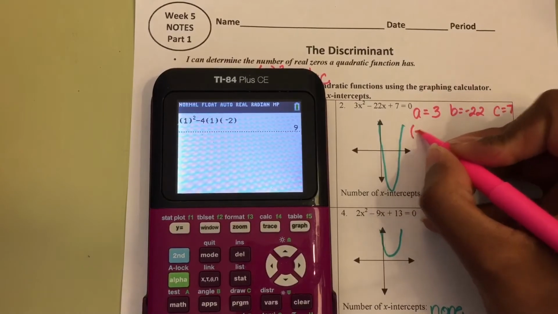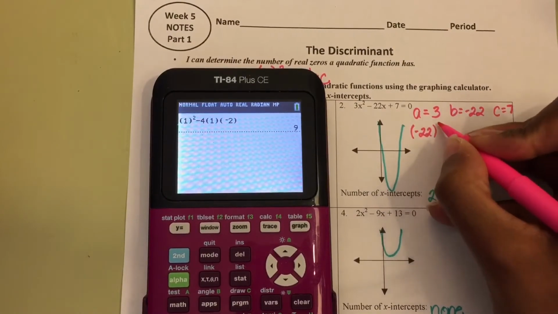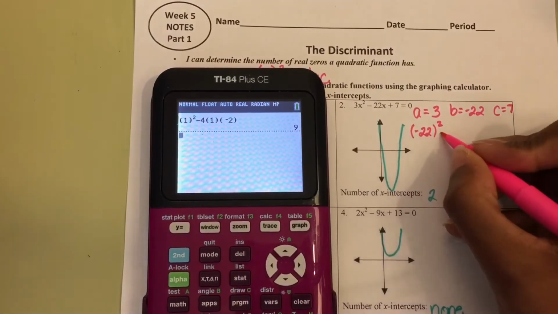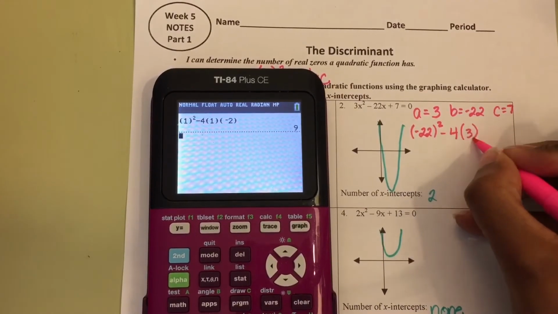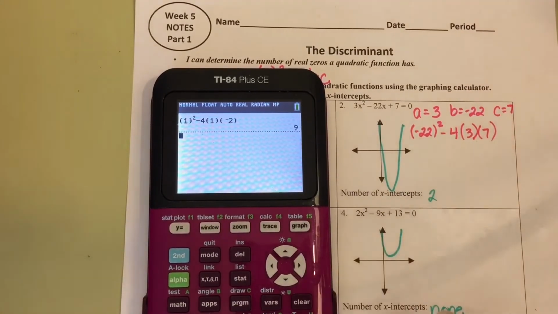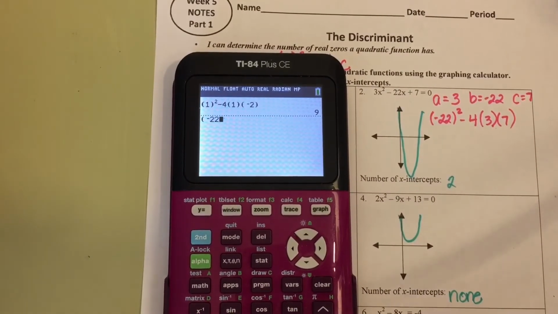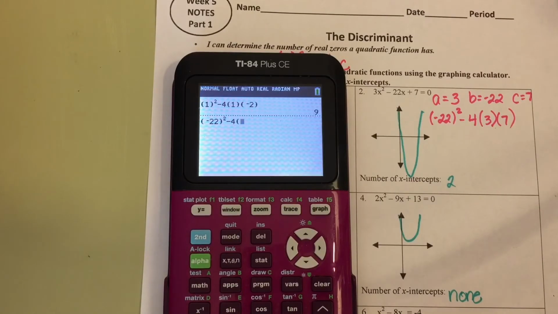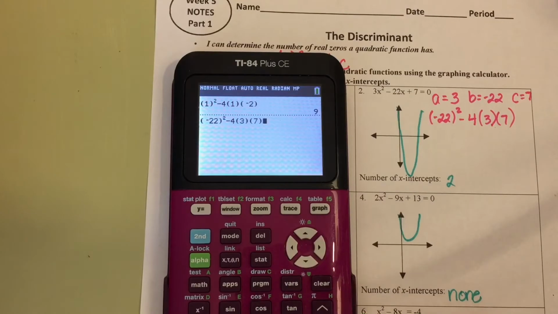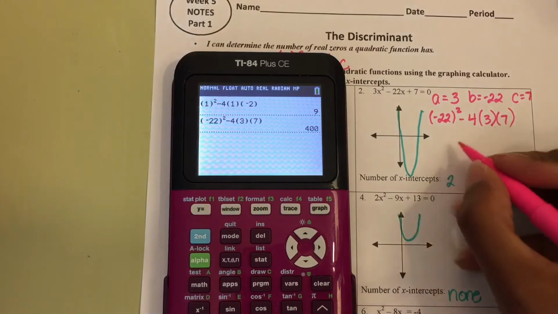Again, put the negative 22 in parentheses, and then minus 4 times A times C. You're typing it in just like how I wrote it down. Minus 4, and you can use parentheses here too. Then push enter, and when we do that, we get 400.